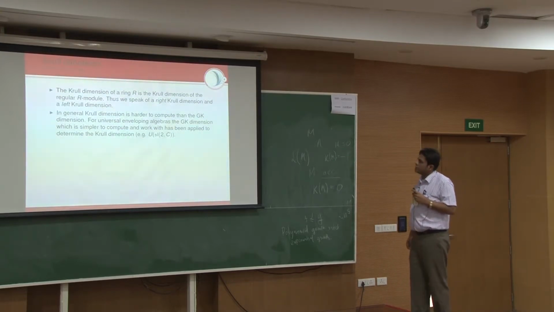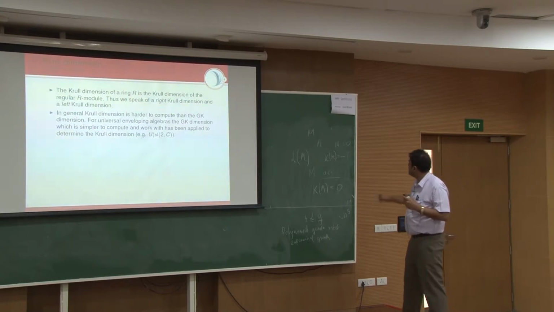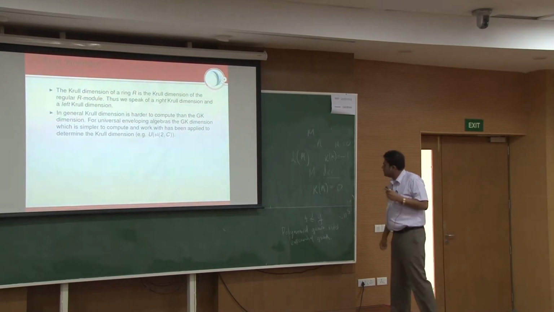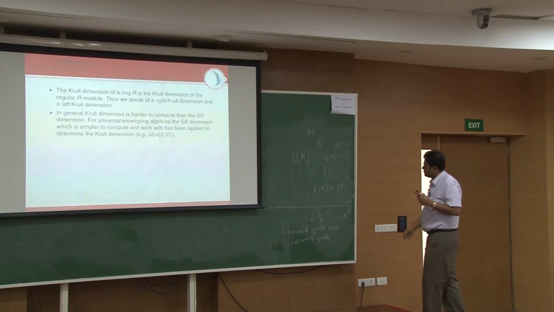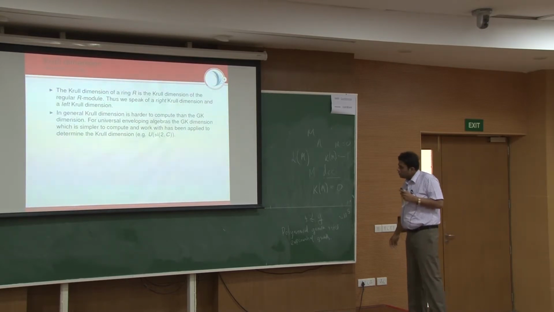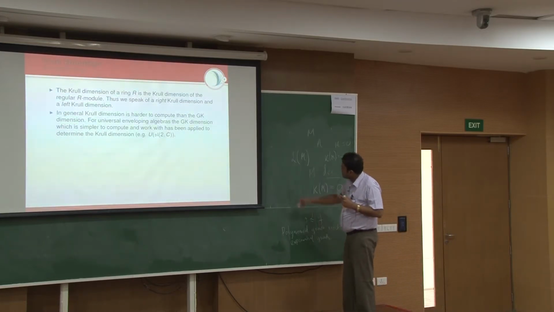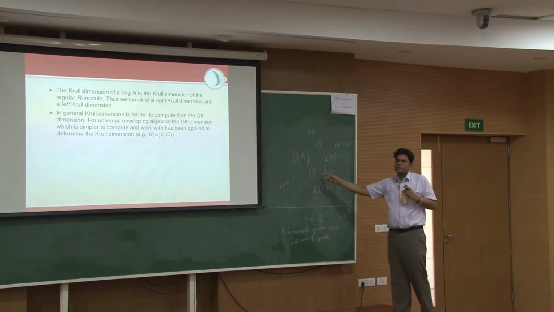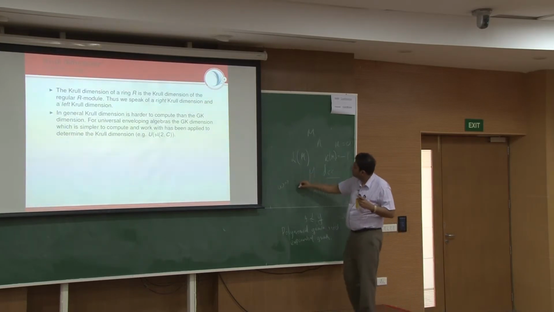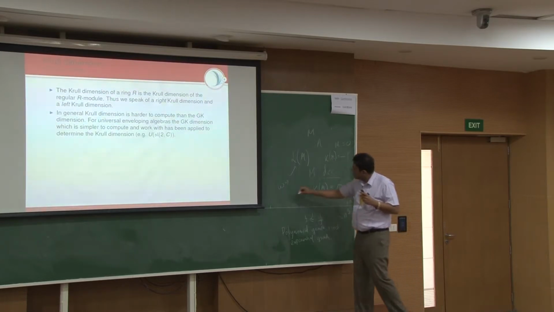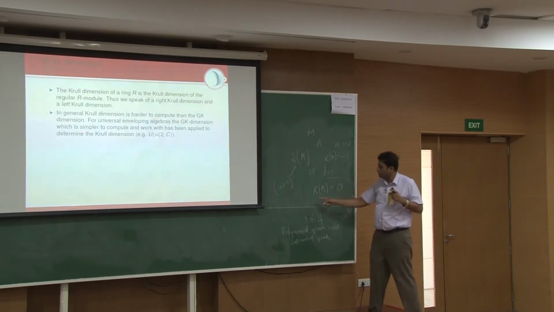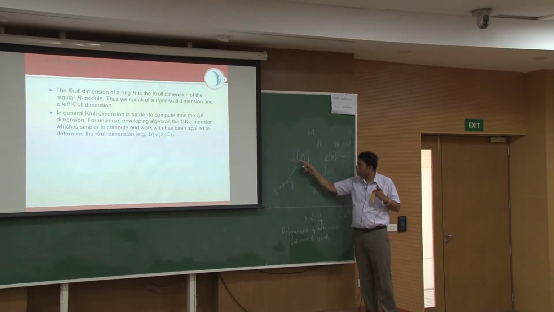If it satisfies DCC, then we define the Krull dimension of M to be 0. Otherwise, we consider the lattice, and if omega opposite, where omega is the first transfinite ordinal, embeds inside L of M, which happens when M does not satisfy DCC, then we proceed.